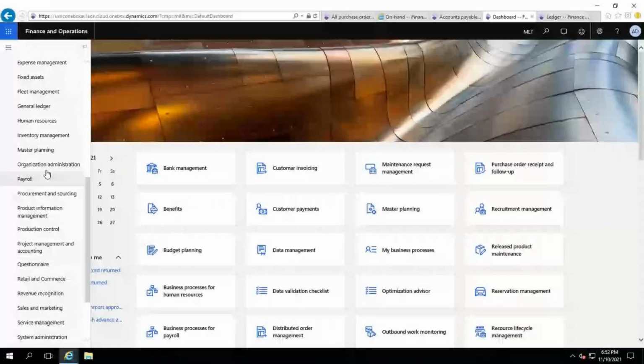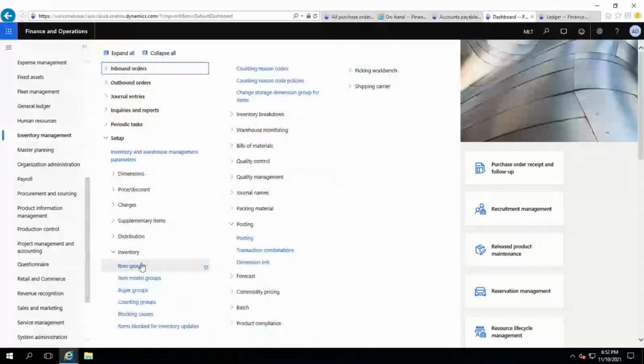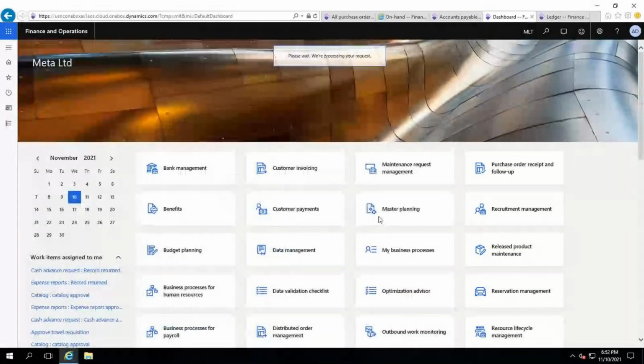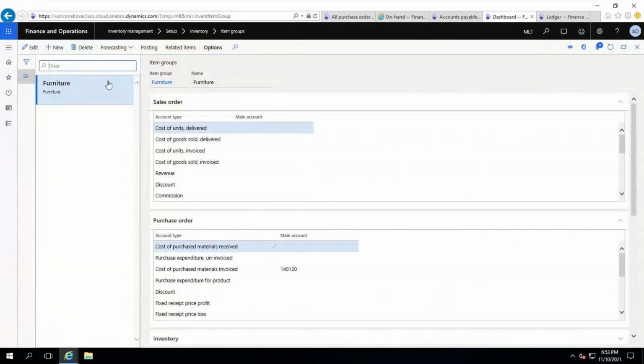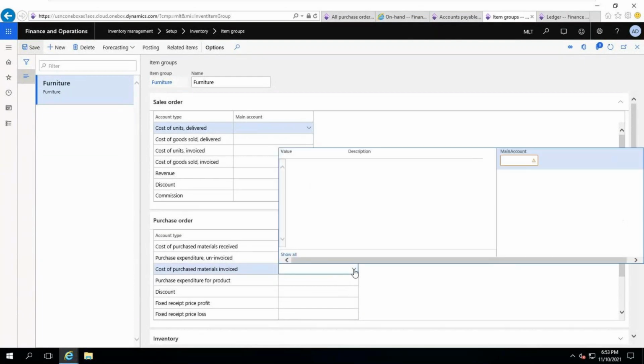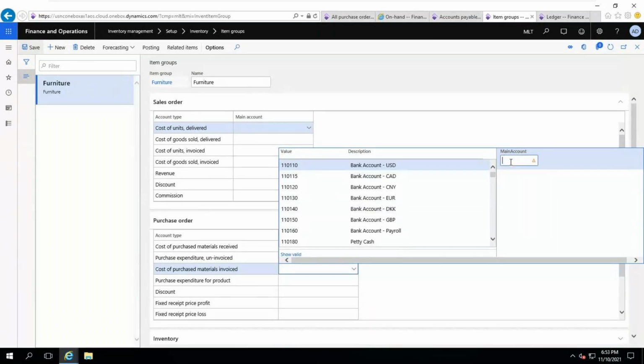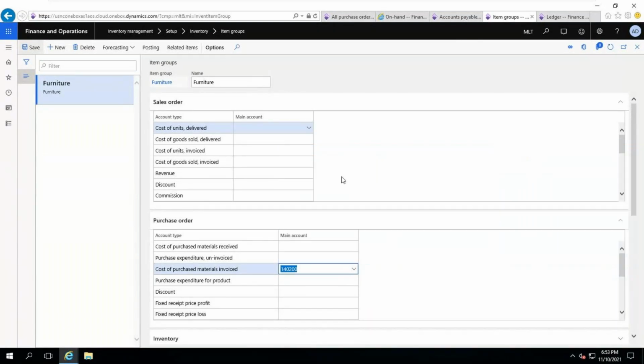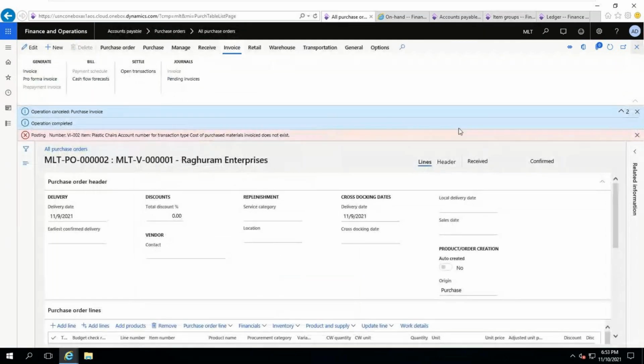So let me go to inventory management, item groups. Click on edit. So I'm mapping 140200. Now let me try to post, and I will get one more error message.